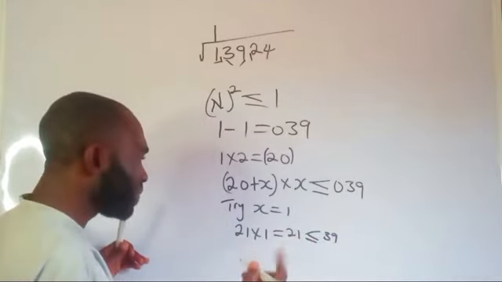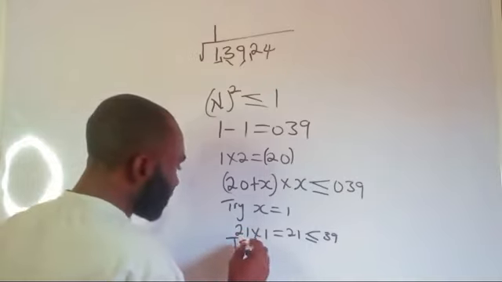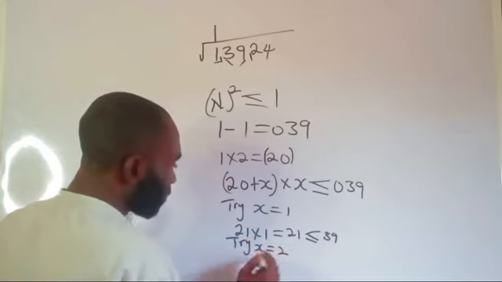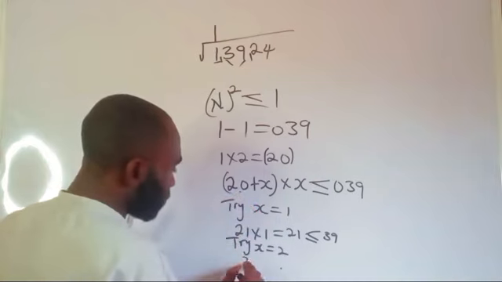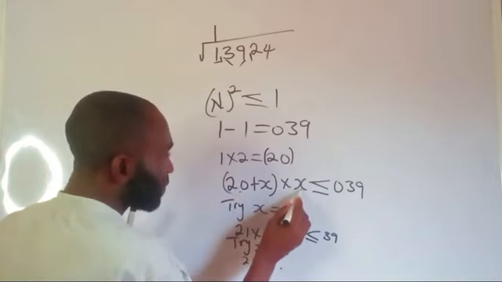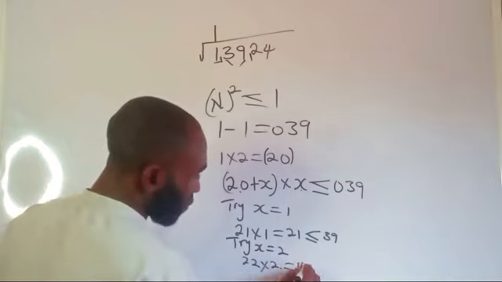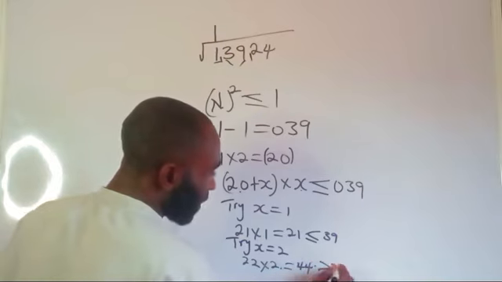So let's try the next one to know whether it can exceed. Trying x is equal to 2. When x is equal to 2, 2 plus 20 is 22. 22 times 2 will give us 44, which is greater than 39.